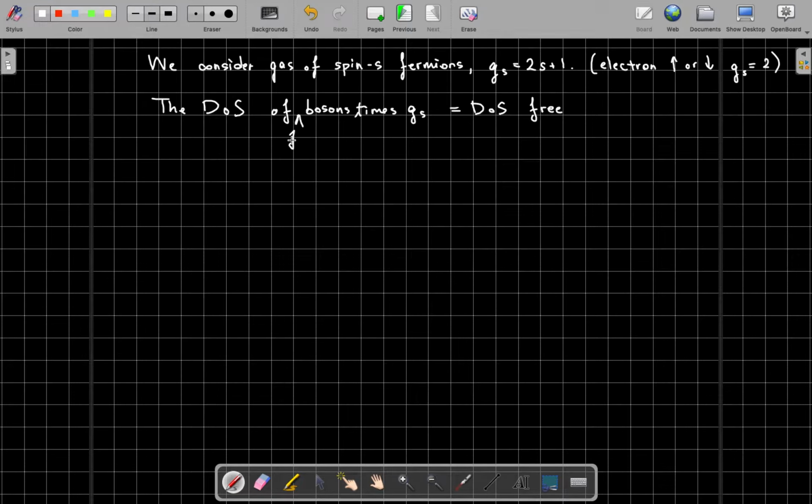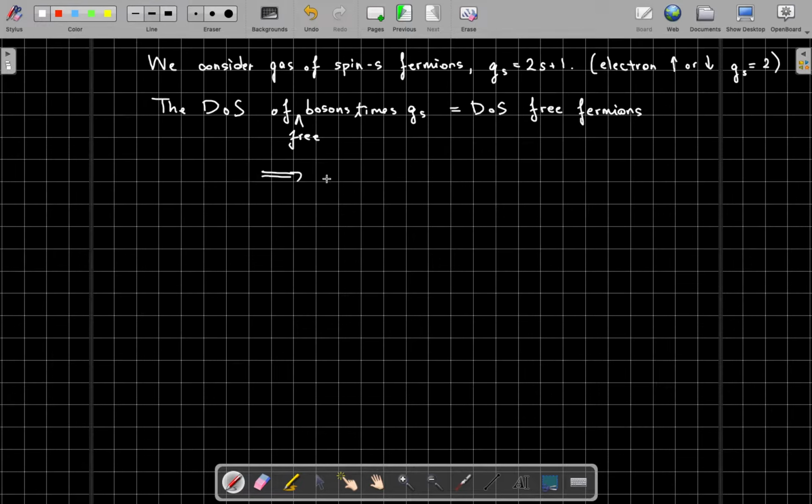So if we take the density of states of free bosons and multiply it by this degeneracy factor, which accounts for the fact that you can have two electrons occupy the same energy state due to this degeneracy, then this will give you the density of states for free fermions.